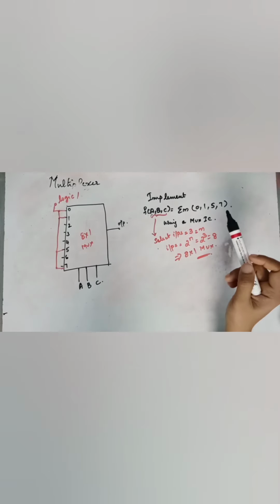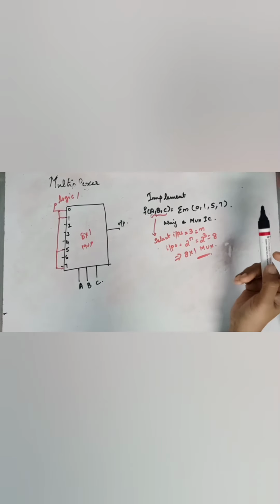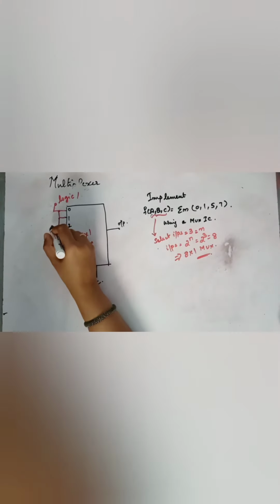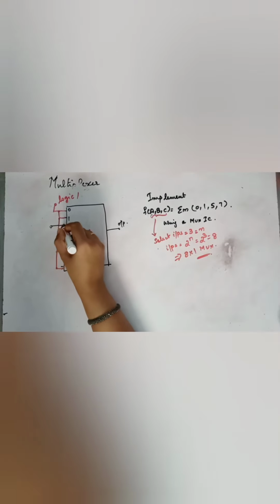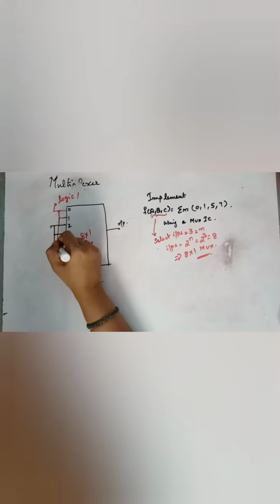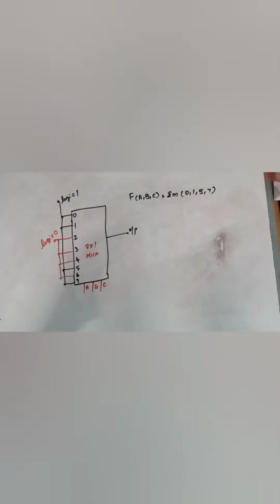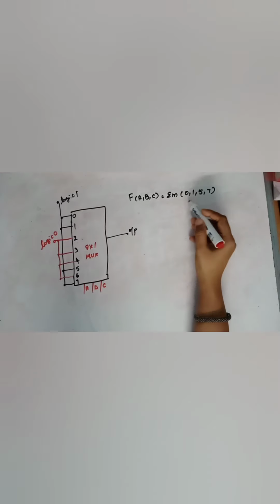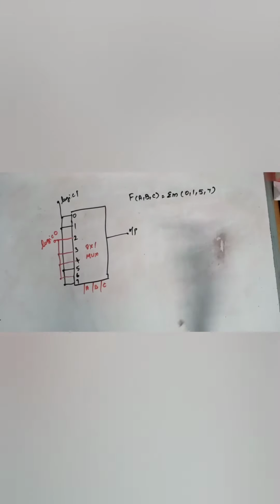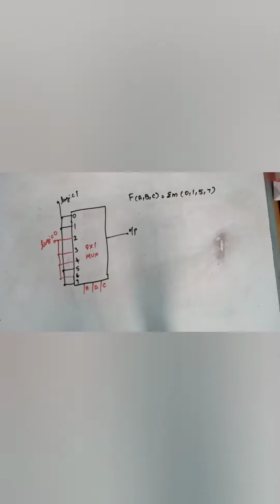Otherwise you can't predict what the output will be. It can be a 0 or a 1. So don't leave it floating. So this is what we get. For these numbers you will give a 1 and the missing numbers you will give a 0.